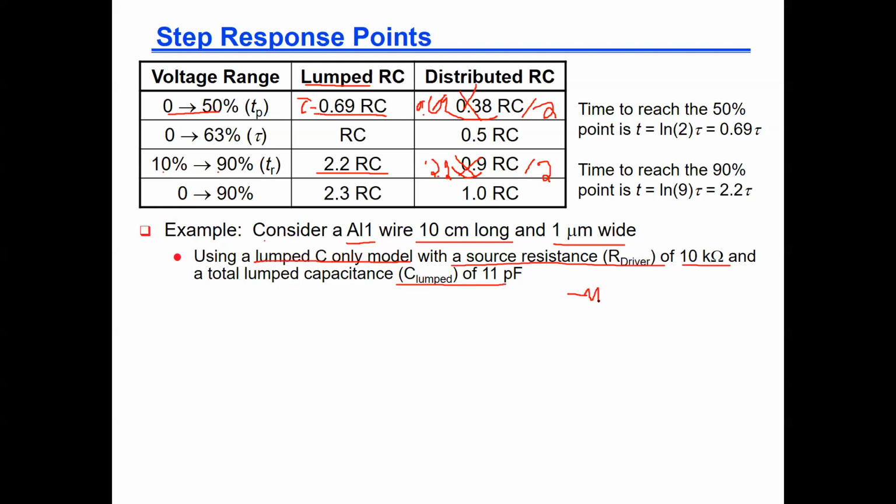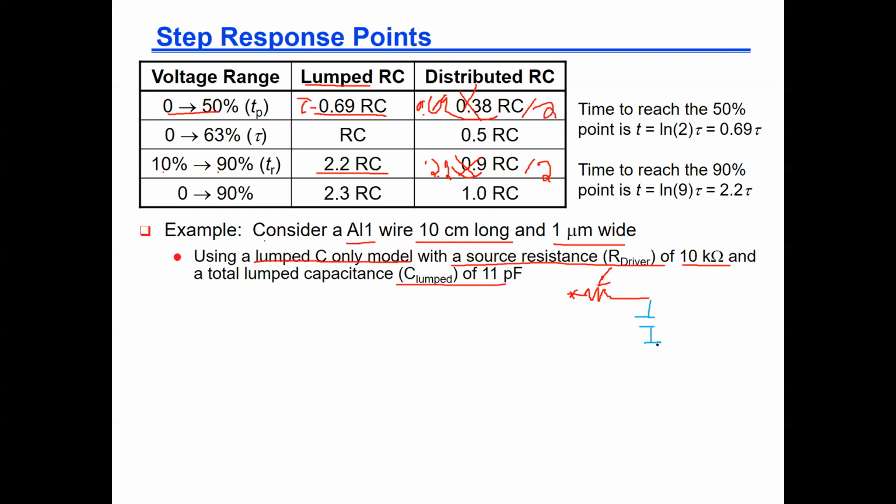In this example, he is telling me you have the R driver here with its input signal, which is either ground or VDD. And then he's telling me that I have a lumped capacitor for the wire.